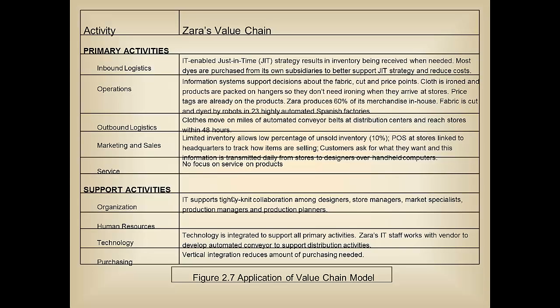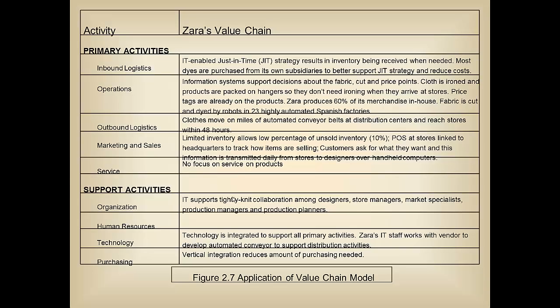In other parts of the operations, we have how the information systems in Zara support decisions made about different fabrics, the cut of the fabric, the price point for the fabric.